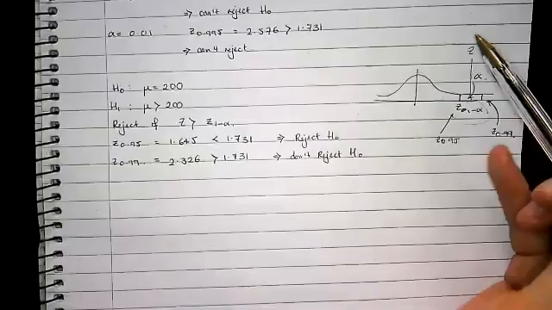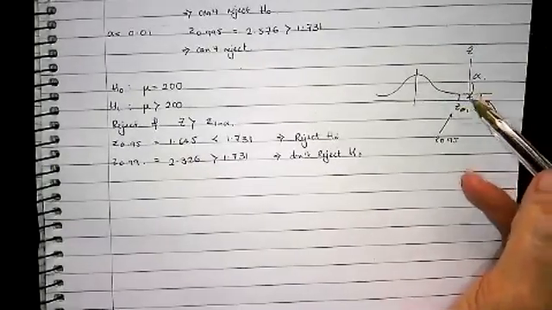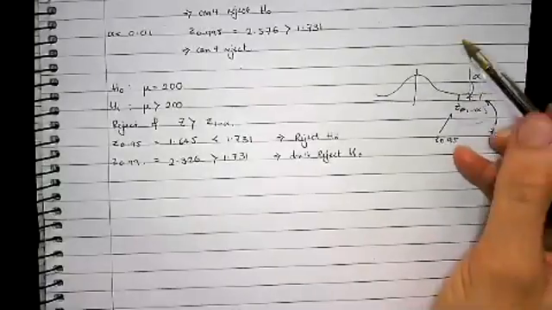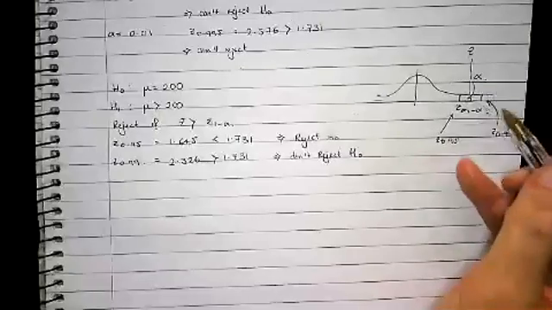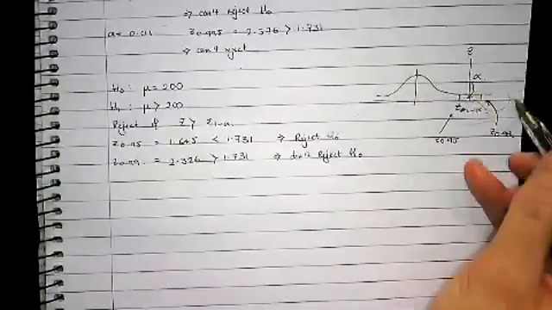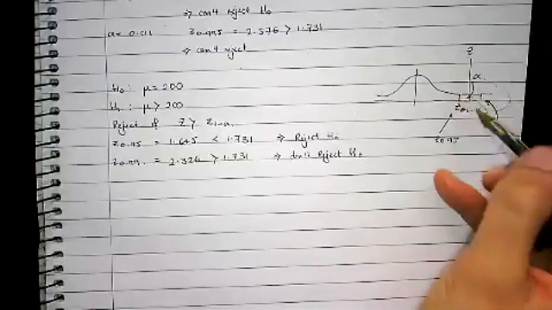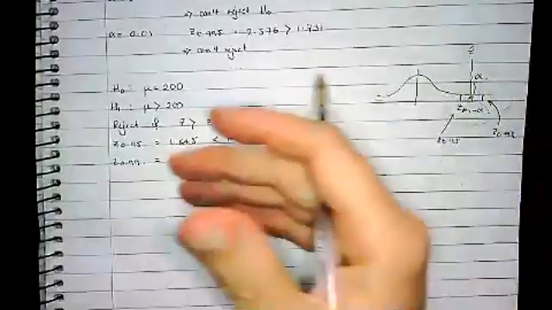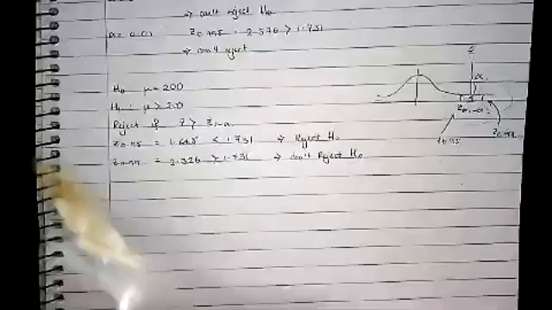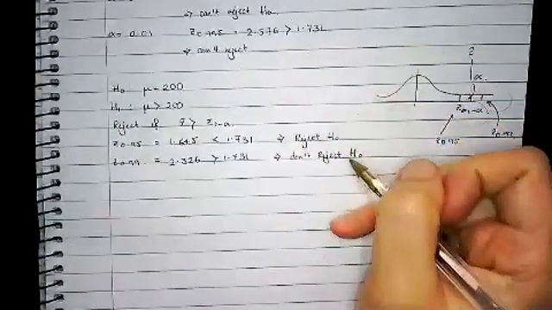What that's telling us is that there's only a 1% chance that we would be in this bit of the tail, but there's a 5% chance that we would be in this bit of the tail. So we're going to be rejecting more values of Z, the bigger the value of alpha.